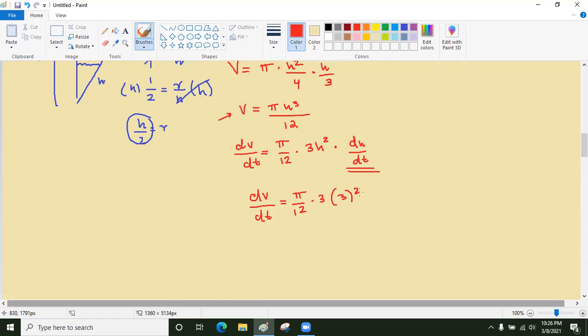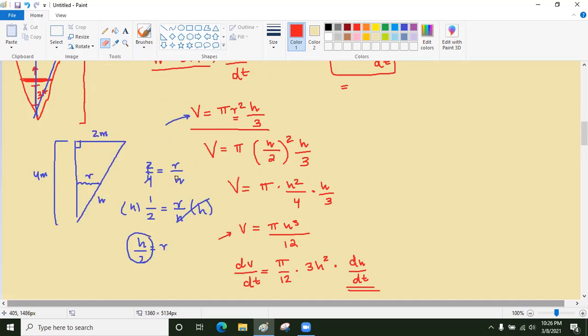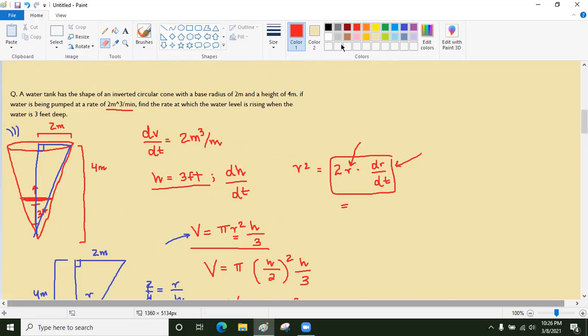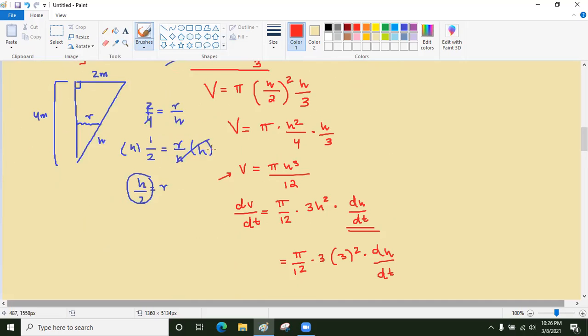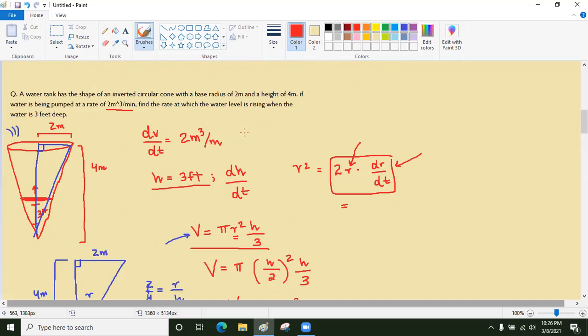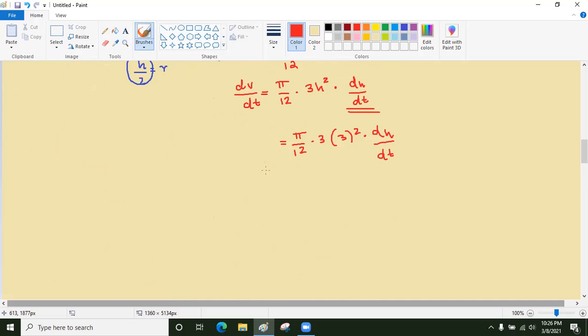So we'll have 3 squared here, multiplied by dh over dt. Now you can see that everything else has a value. In fact, dV over dt has a value as well, because if you remember back here, dV over dt was 2. I think it was 2 meters cubed per minute, but we'll just write 2.